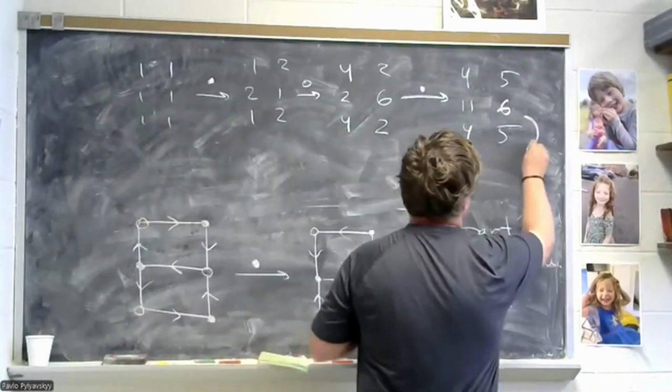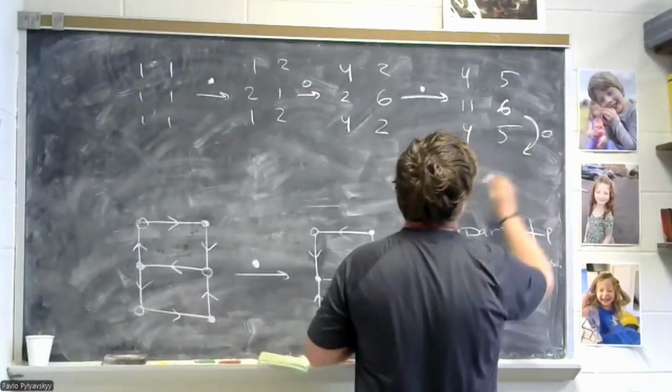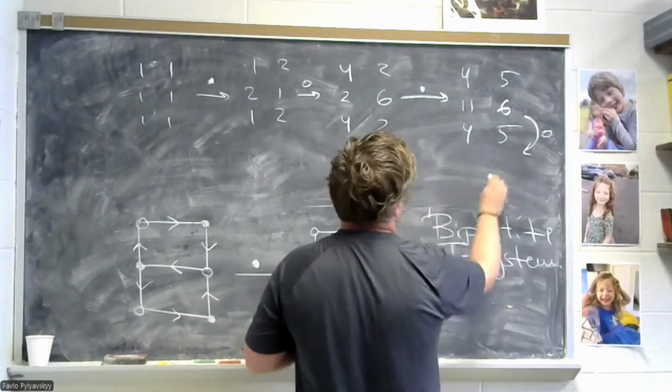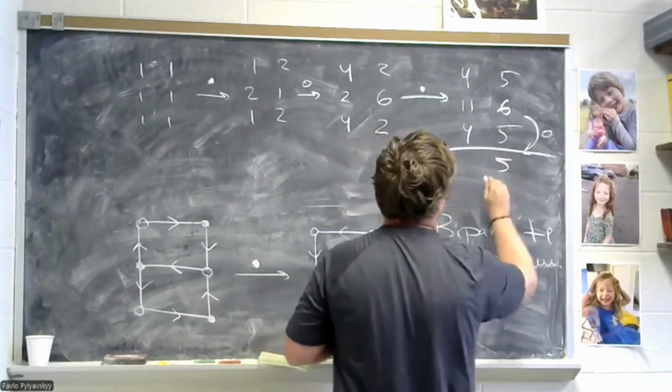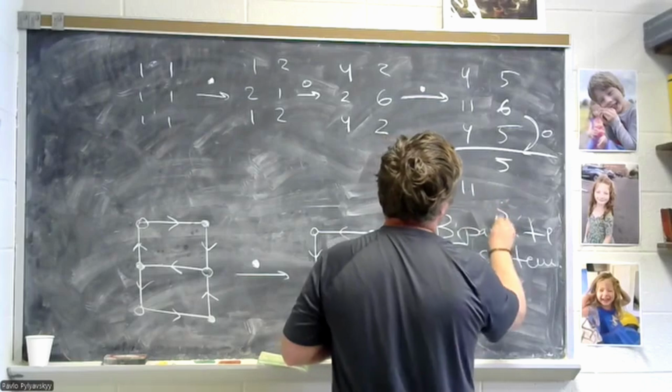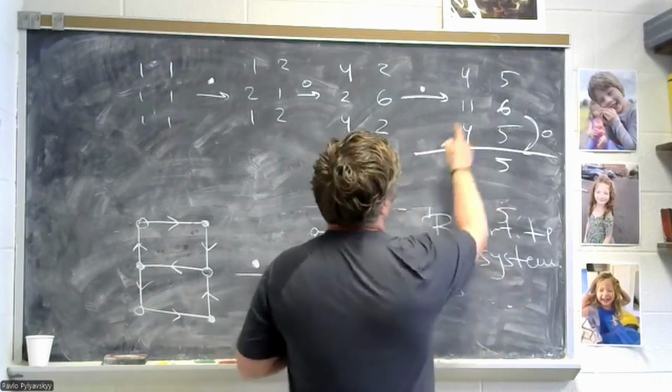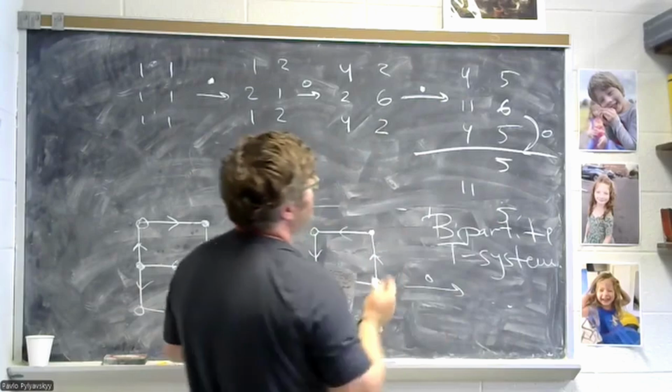Okay. Next one, white one. 5, yeah, goes a line. 5, 11, 5. 5 plus 11.